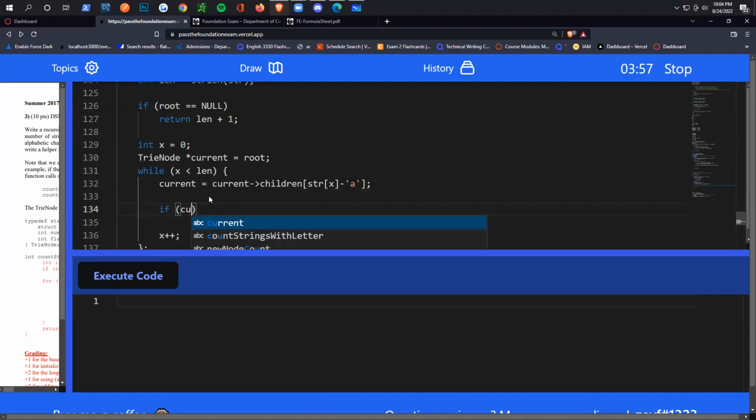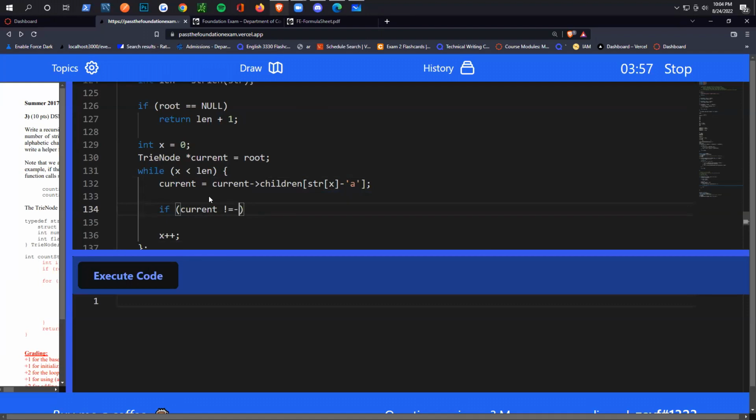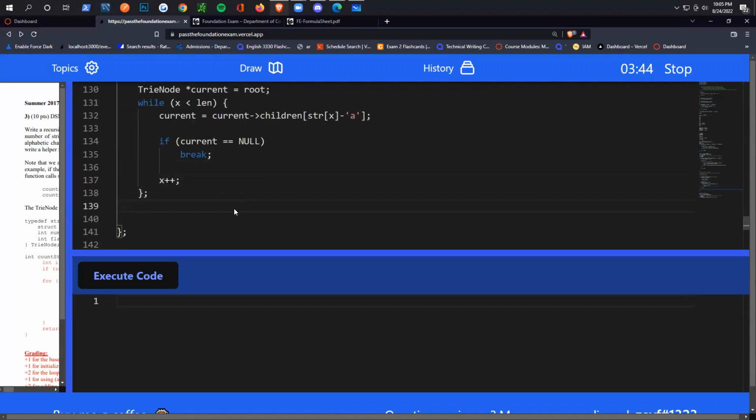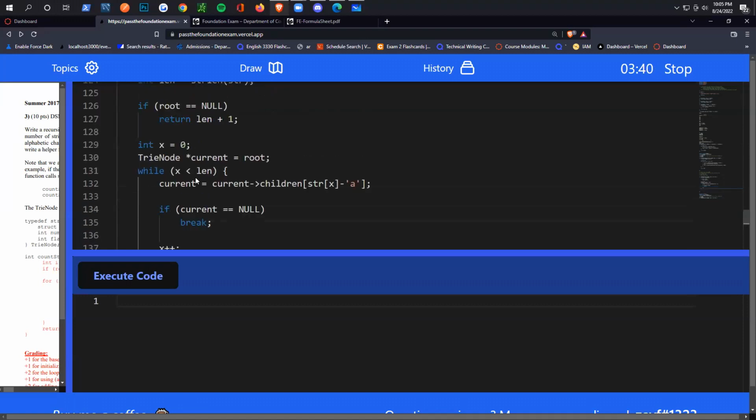So I'm going to check if current does not equal null. Or sorry, if it equals null, what I'm going to end up doing is just returning, or actually let's just break out of it right here. And let me just explain why this is the case.